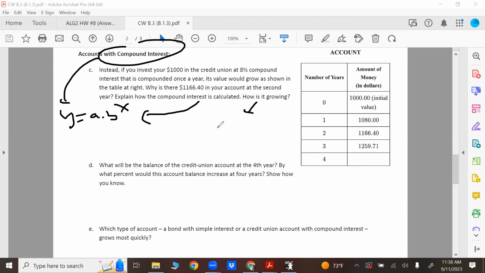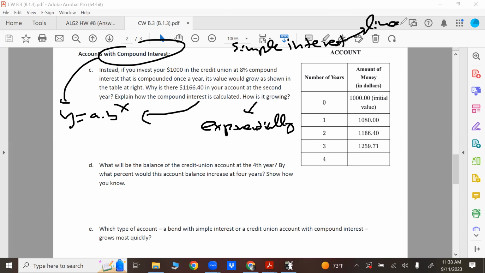So how's it growing? Exponentially. Where previously simple interest was linear. This is exponential.